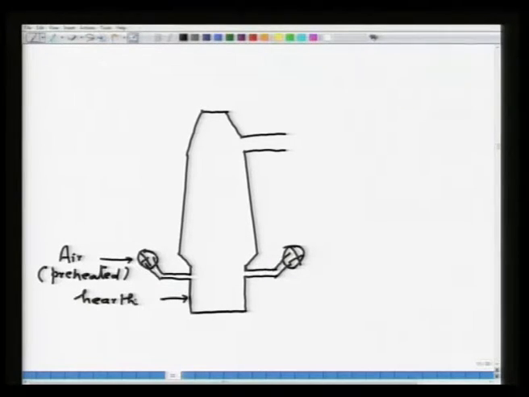This is the hearth, and on the hearth you have the lead, and this is slag, because lead has a very high density, so it will be sinking and slag on the top.